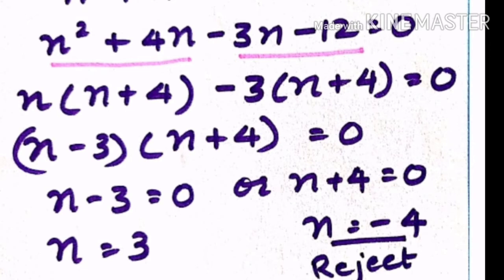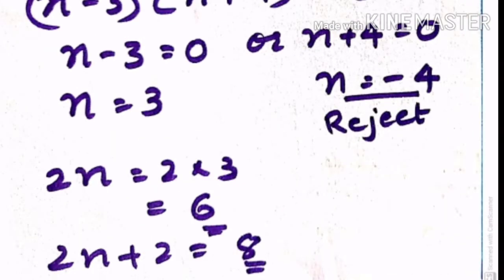What we supposed: let the two consecutive positive even integers be 2n and 2n plus 2. So I will substitute this value 3 in that. So I get 2n is equal to 2 times 3, which is 6, and 2n plus 2 is equal to 8. Means my two consecutive positive even integers are 6 and 8.